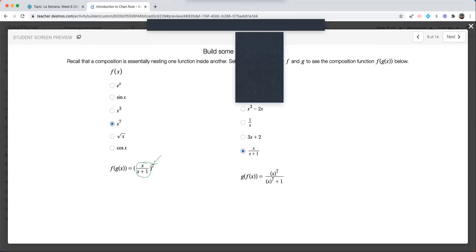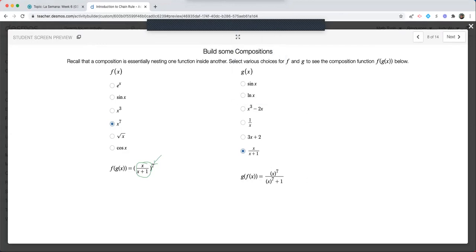Can someone explain how the right-hand one is different? The g of f of x, how is that different? Good. Exactly. Isaac and Thea, great ways of saying that.